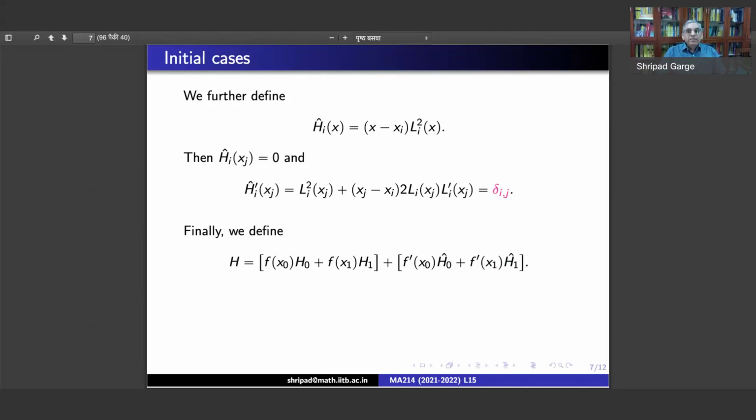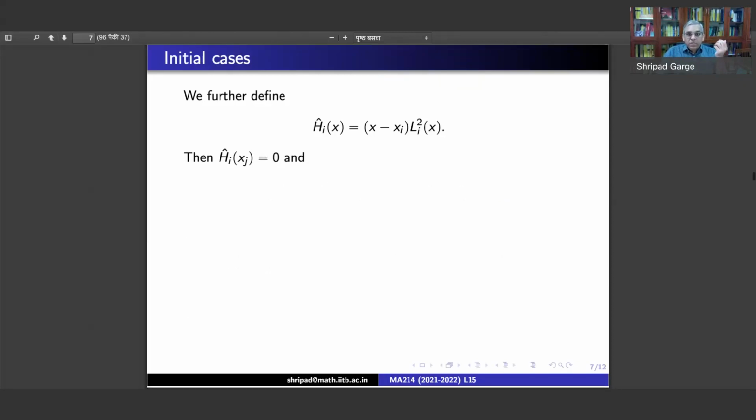This is what we have, and of course you would note that the degree is less than or equal to 3. That is because the li have degree less than or equal to 1 because you are looking at only 2 nodes, and their squares will have degree 2, and then you are multiplying by a certain linear factor in both the cases. The hi hat case is here right in front of our eyes.